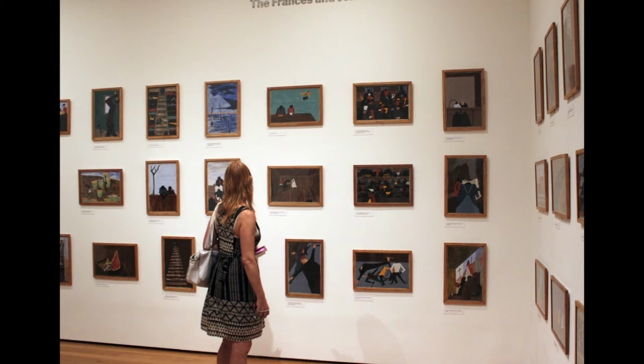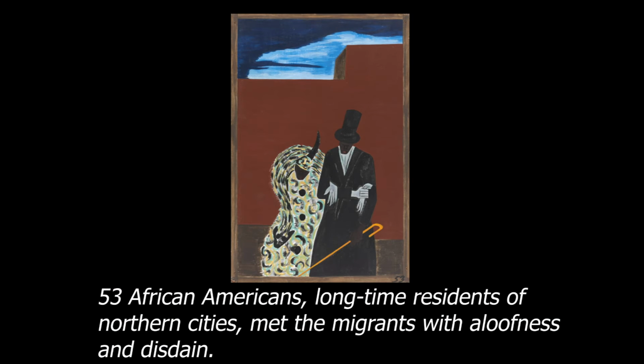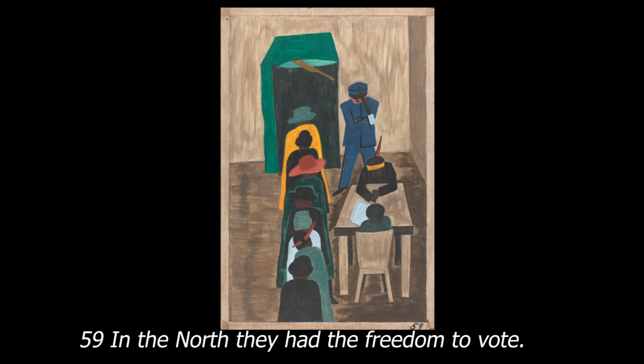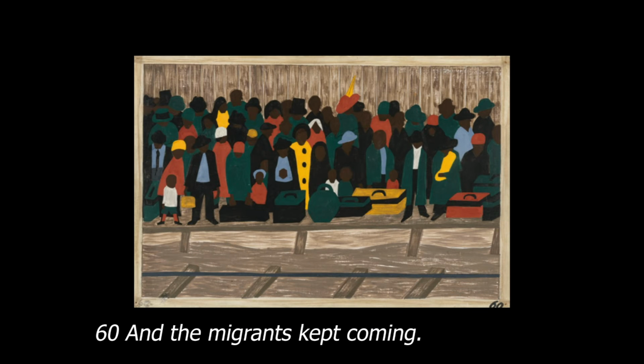And the series, the 60 painting series, was eventually split into two groups. One was purchased by the Smithsonian Museum, and the other was purchased by the Museum of Modern Art in New York. So one museum got the odd-numbered panels, and one museum got the even-numbered panels. And this was also the first time the Museum of Modern Art purchased art from a Black artist.